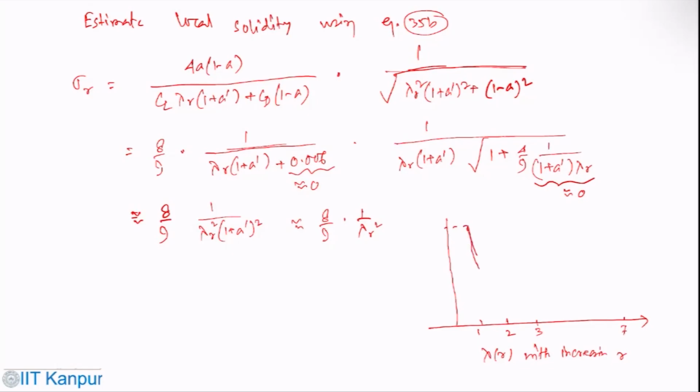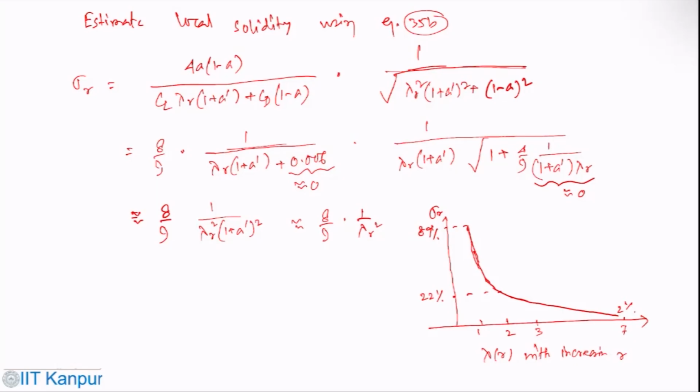So this is sigma r, 89%. This is 22%. This would be 2%. So that is how the solidity varies.